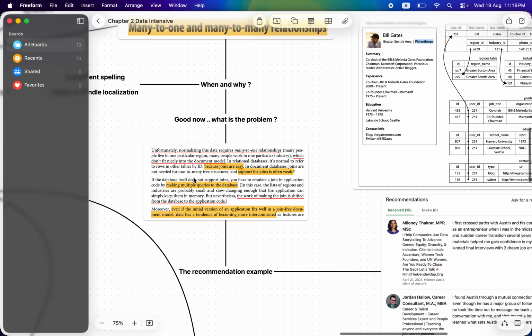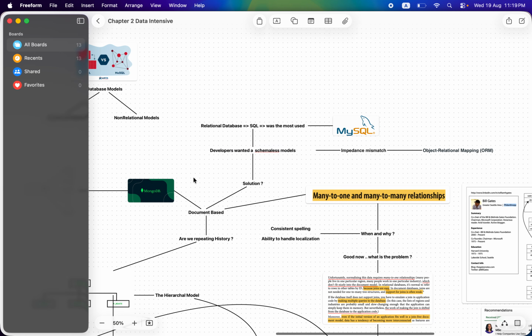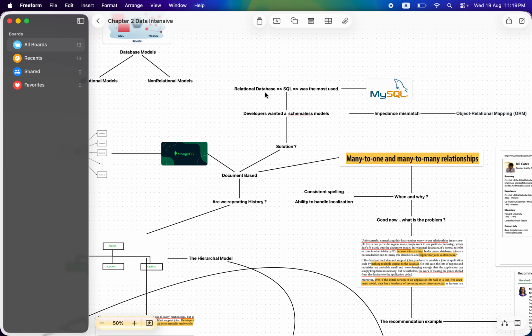Okay, so now just to be clear, we had a relational database that handles many to many relationships.